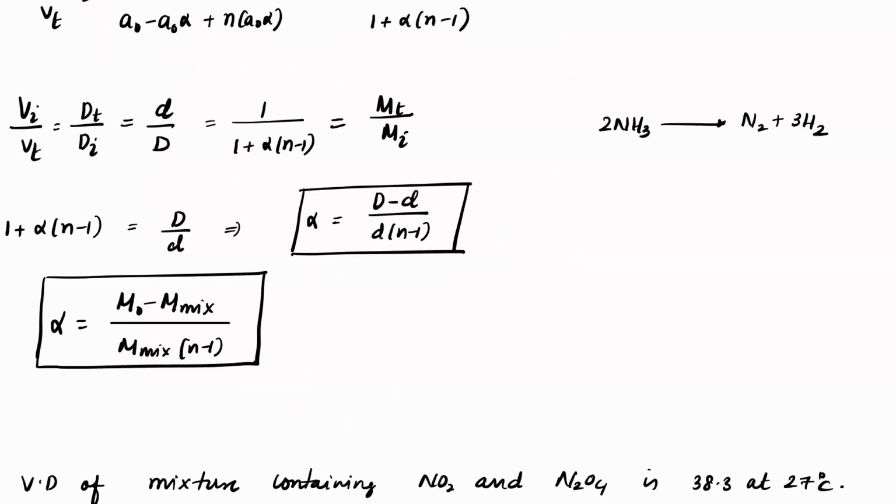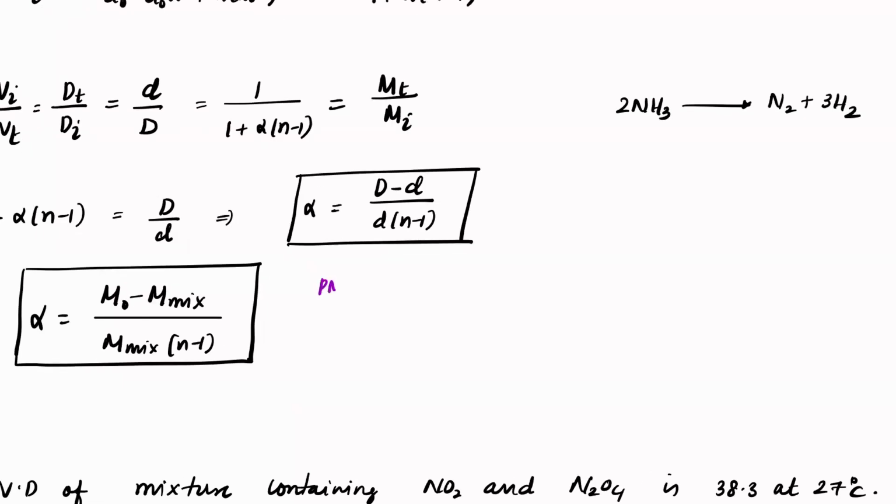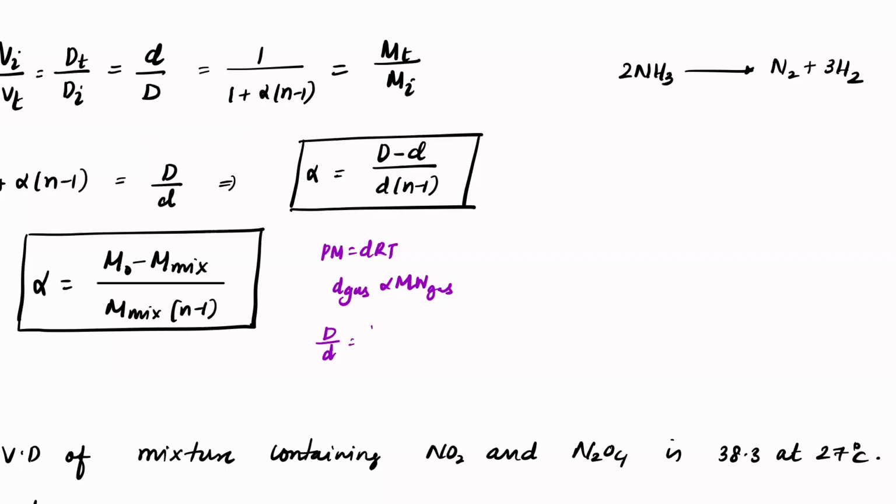Now, we also learned that PM is equal to dRT for any ideal gas, which means the density of a gas is directly proportional to its molar mass. So D by d can also be written as the initial molar mass divided by the molar mass at equilibrium or after time t, which is M naught by M of the mixture, that is, the mixture molar mass.